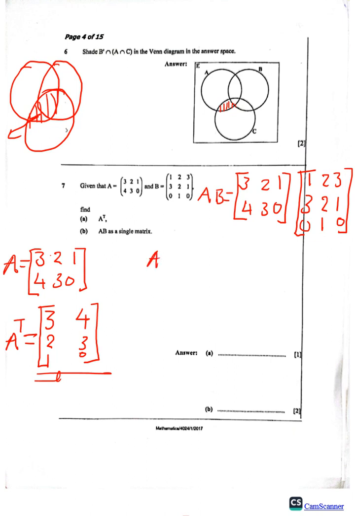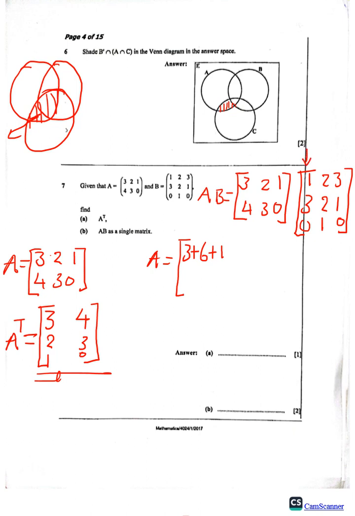So let's now proceed. We are going to have row by column. So 3 times 1 is 3, plus 2 times 3 is 6, plus 1 times 1 is 1. So we are done with the first column.